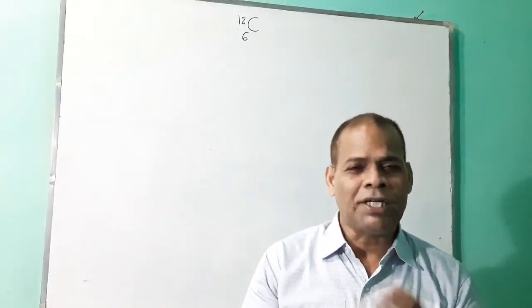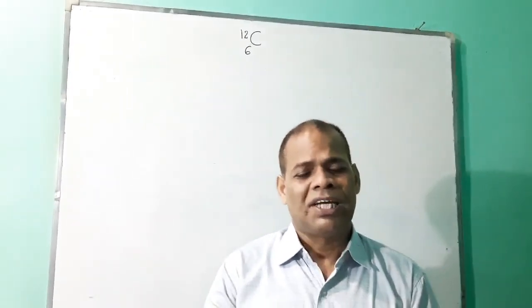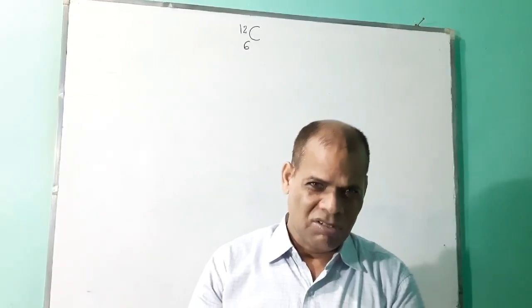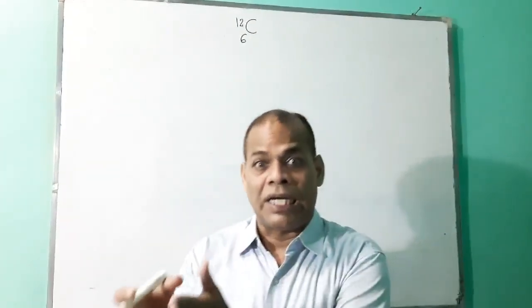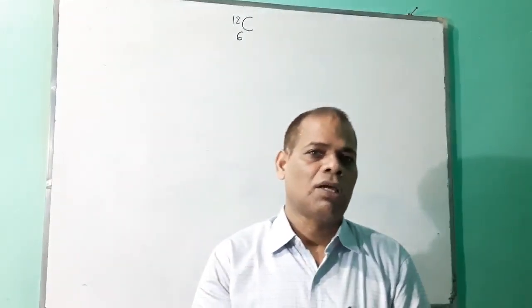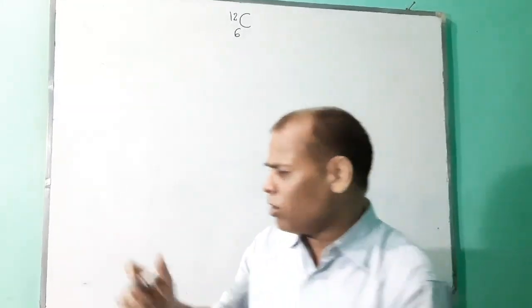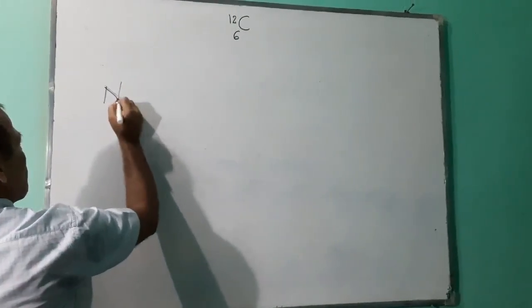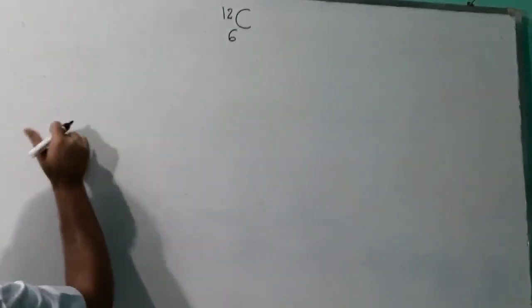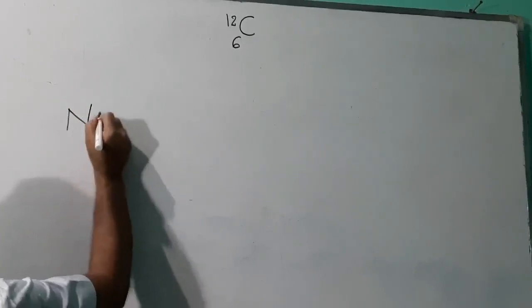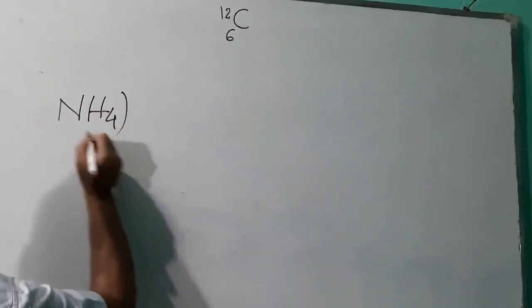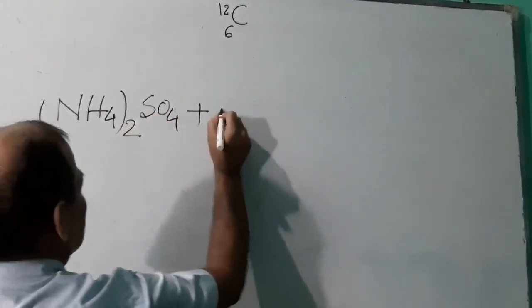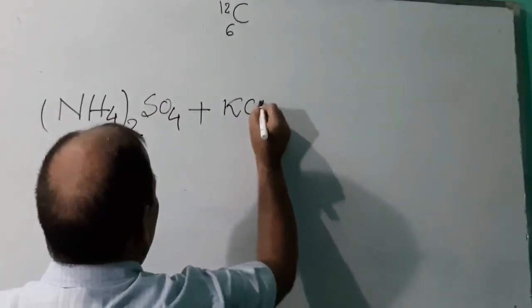But one day Friedrich Wöhler was trying to prepare ammonium cyanide, which is of inorganic nature, by heating ammonium sulfate plus potassium cyanide.